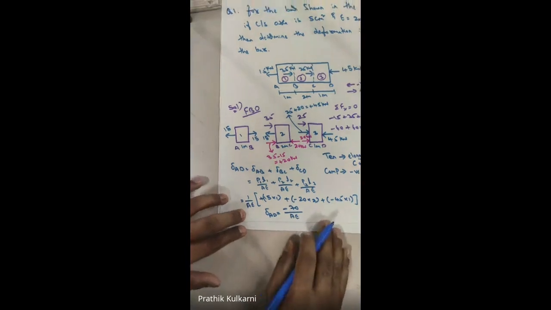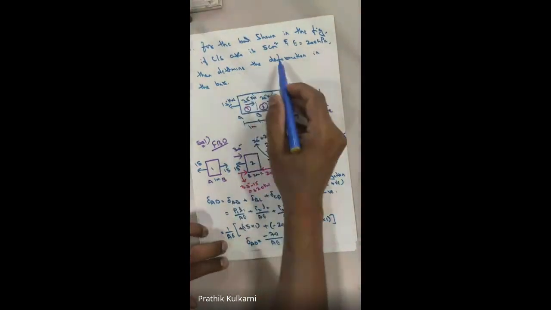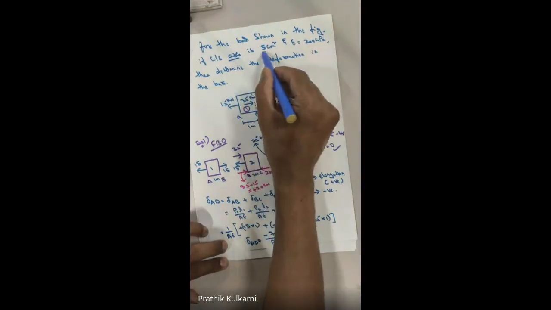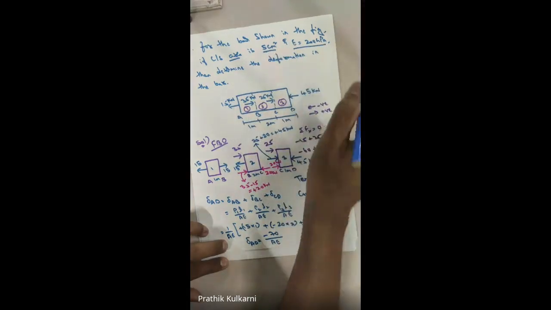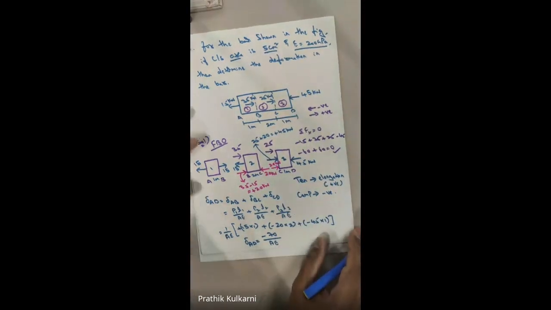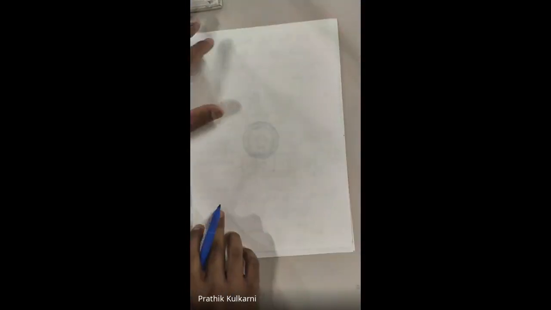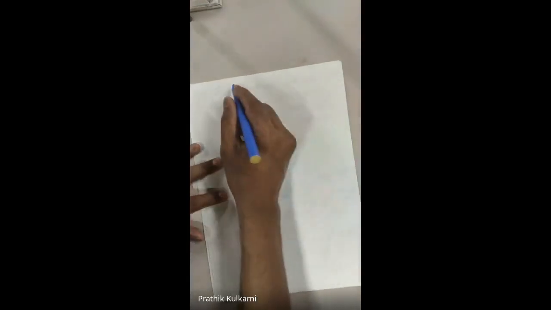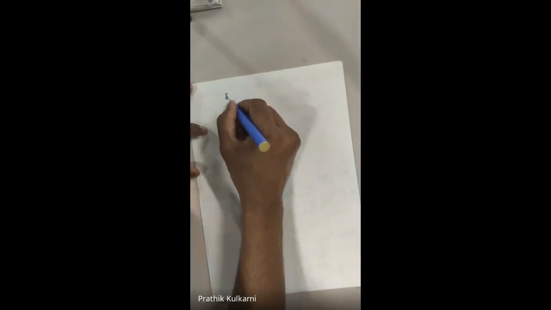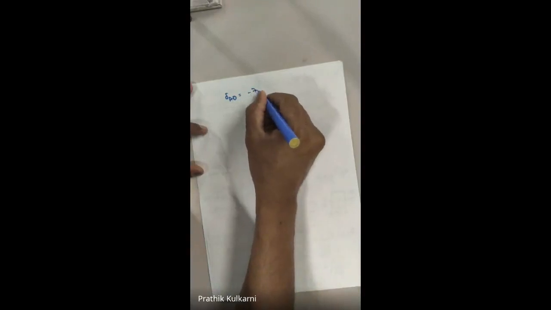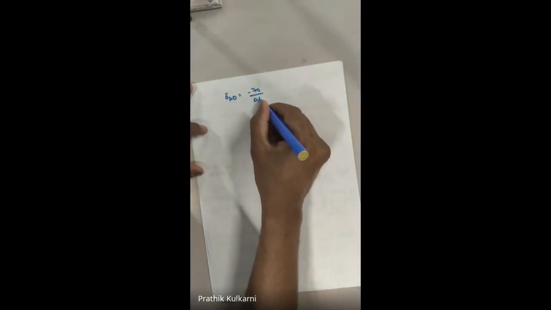But already in the question, he has given the area as 5 centimeter square and Young's modulus also he has given it as 200 GPa. Fine. So we will just substitute that. I am teaching it very slowly so that you can do it. So what is the answer of delta AD, which is minus 70 by AE?